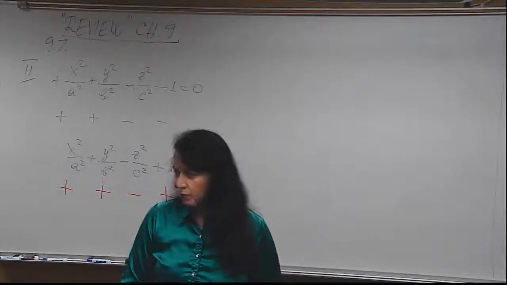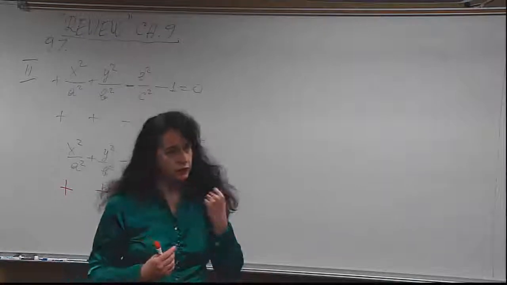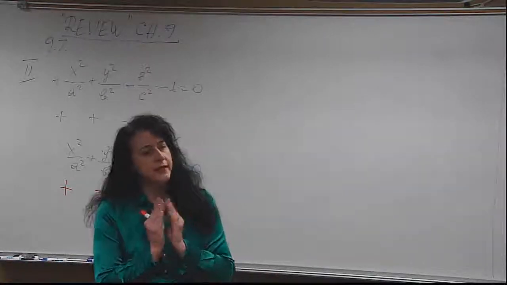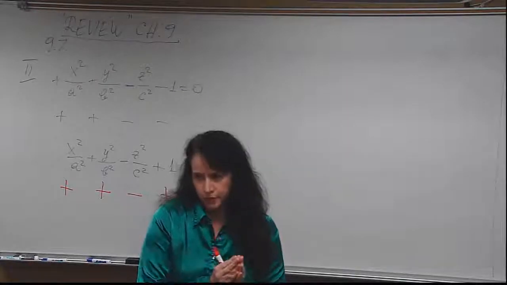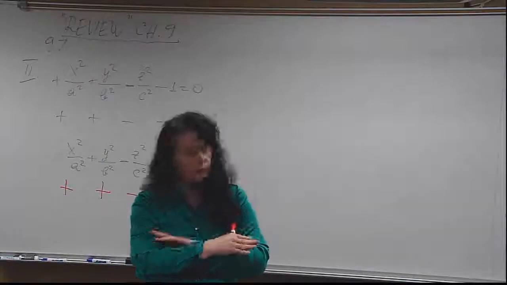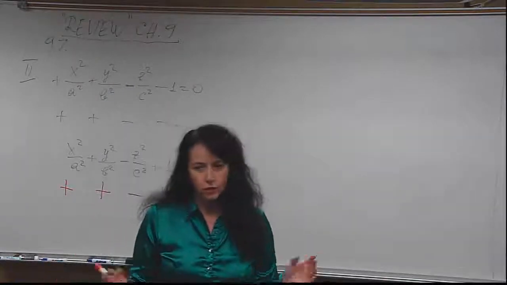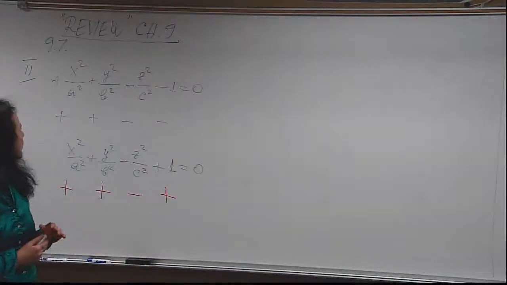That's the wrong way to learn, in my opinion, after 20-something years of teaching. We have to understand why a certain picture corresponds to a certain type of equation. If you don't know which one is which, then you're going to be confused, and for the rest of the course, you're not going to know much about quadrics.